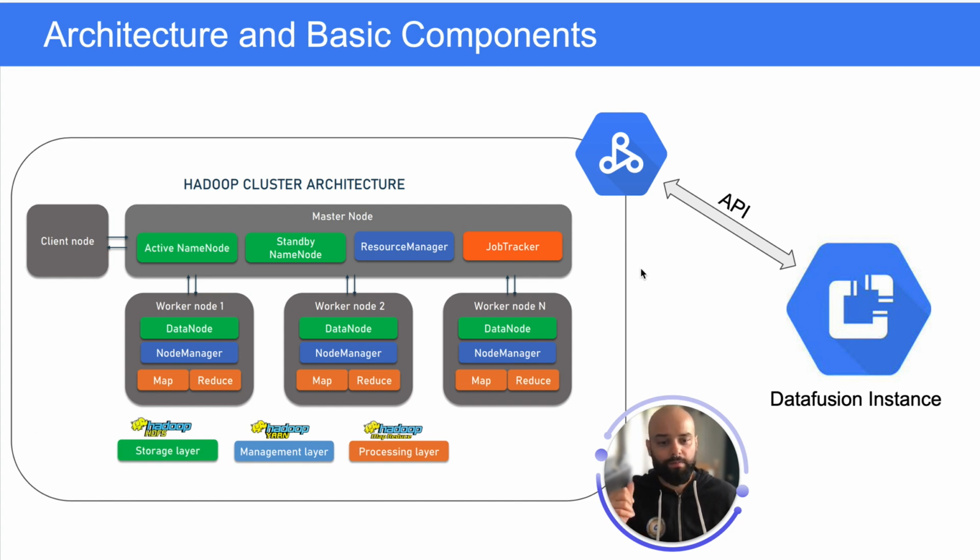Client node, the input and output from client node, the master node, manages the worker node for us, storage layer, management layer, processing layer. All of these is automatically managed by Dataproc for us.